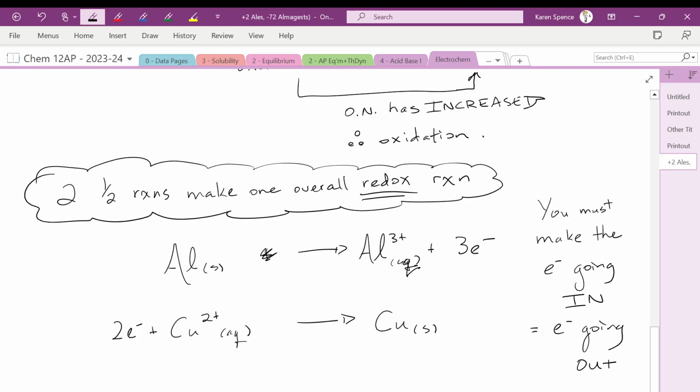So what we're going to do is we're going to multiply these reactions.